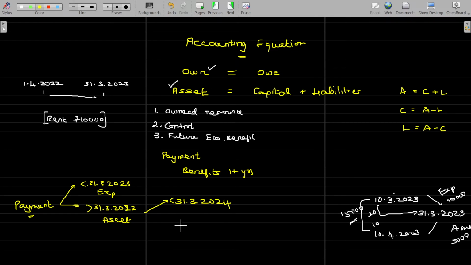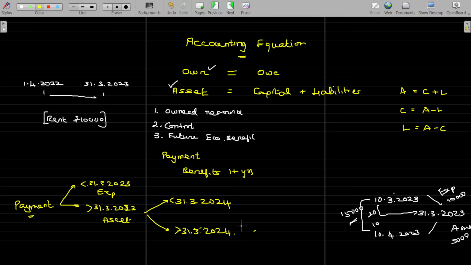The benefit should be anywhere between 31st March 2023 and 31st March 2024. Clear? And this may go further still. More than 31st March 2024 also, it will still give benefit for some more years.